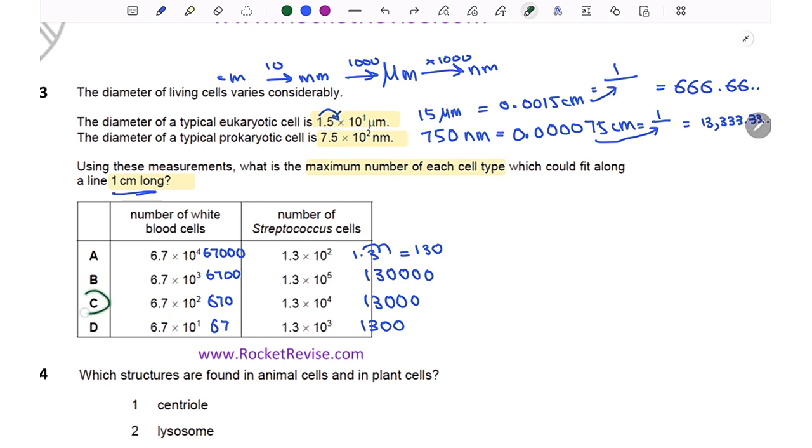So this would be our answer. And in this case, you can see we got 13,000. So that's going to be the 1,000 option, not the 100 option or this one. It's going to be 13,000, which is this.